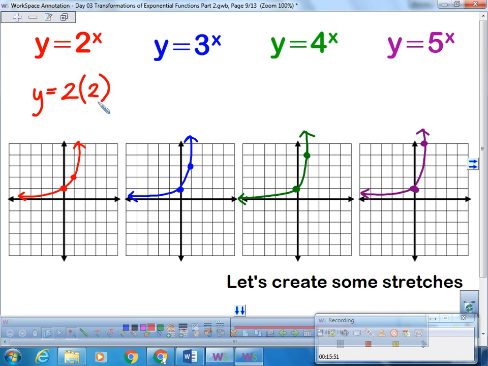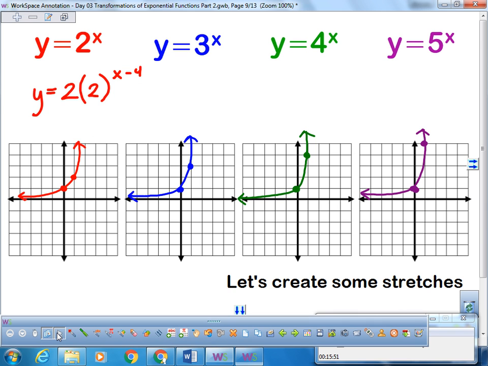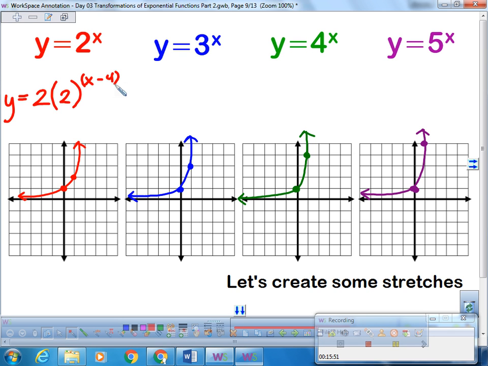What do you want to do for a horizontal transformation? X plus 4 or X minus 4? Minus 4. And then what do you want to do for vertical transformation? Plus 3, I like it. Minus 4 plus 3. Is that good, Kane?